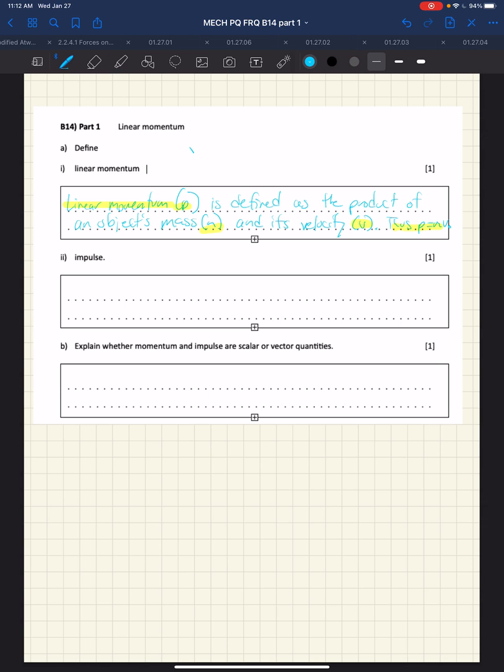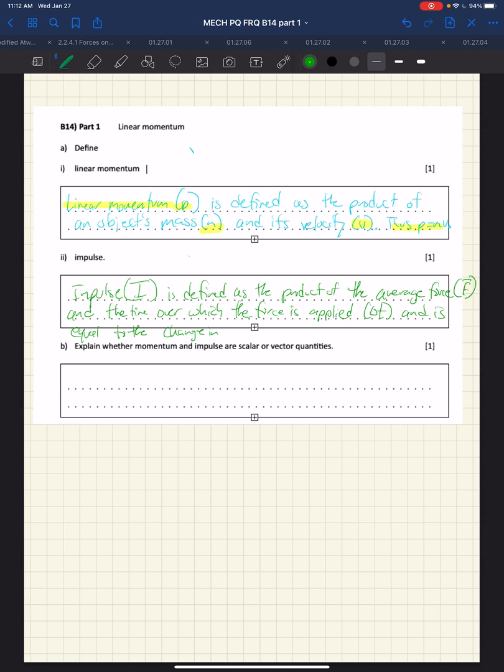Now we're asked to do the same thing for impulse. Impulse, I, is defined as the product of the average force, F bar, and the time over which the force is applied, delta t, and is equal to the change in momentum of the object body.